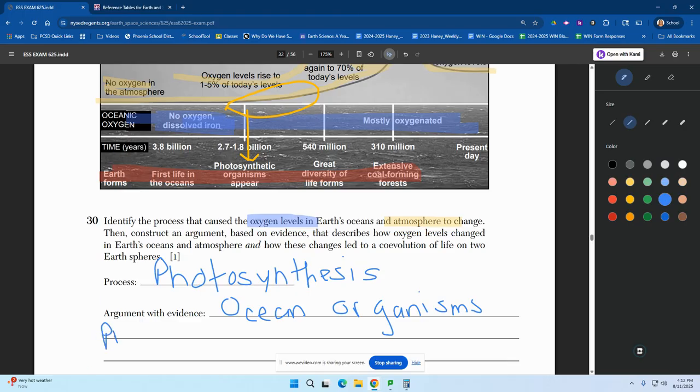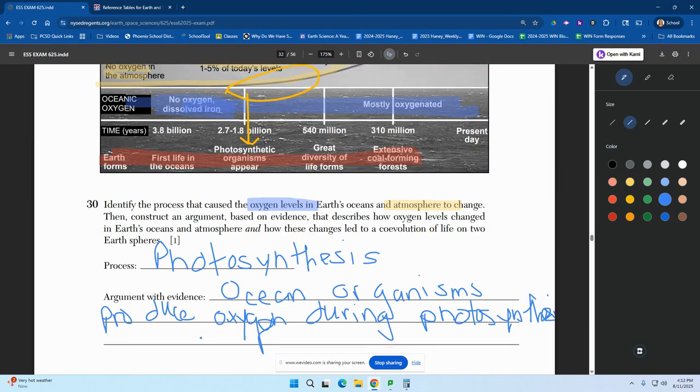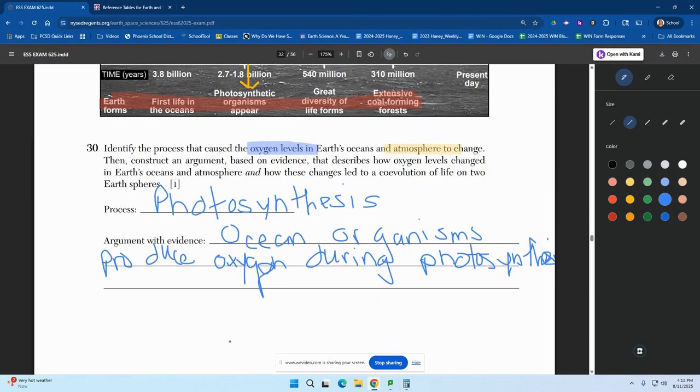produce oxygen during photosynthesis. Okay, so that's going to release oxygen to the oceans.